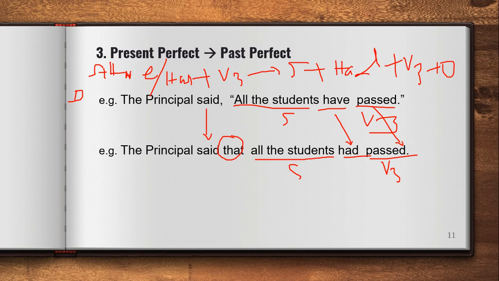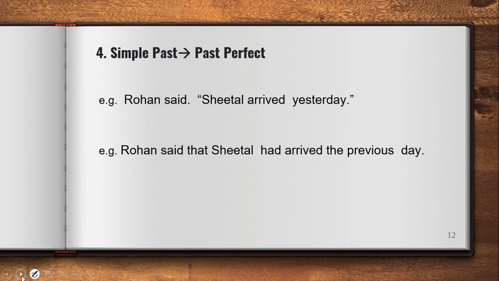So please remember about the changing, guys. If the tense is in the direct speech, then automatically in the indirect speech it must change. Okay, next, number 4, simple past. You know that simple past is subject plus verb 2 plus object.